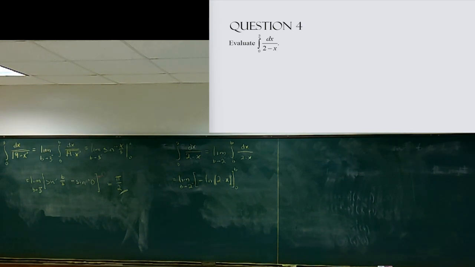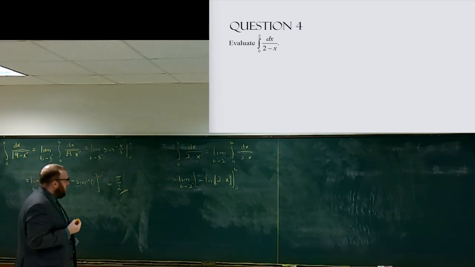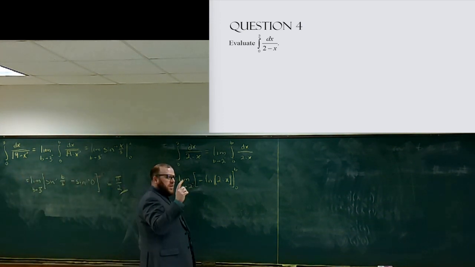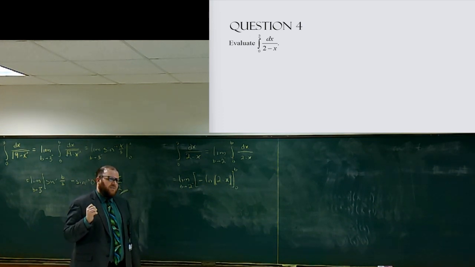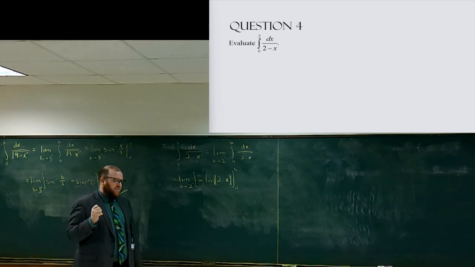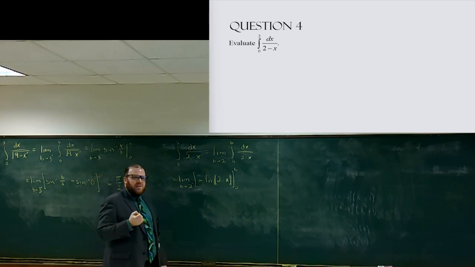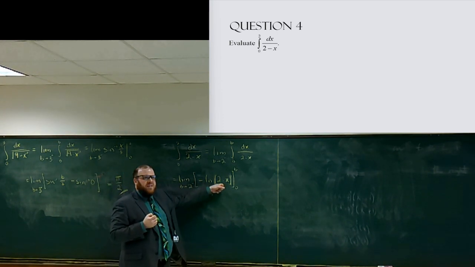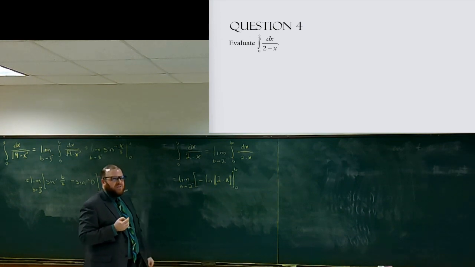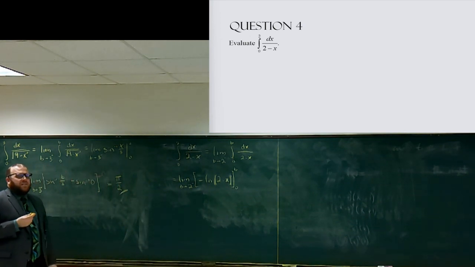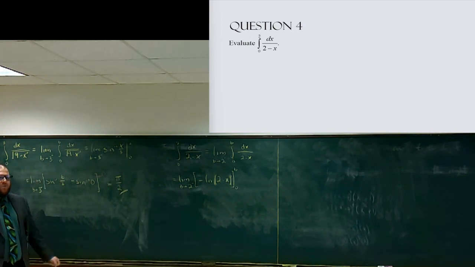Again, you're not wrong if you keep them in. There's another way we can write this though, isn't there? Not that it really matters, but I can get rid of that negative by making this 1 over 2 minus x. Right, because I just raised the entire 2 minus x to the minus 1 power. Ultimately, it's not going to matter.